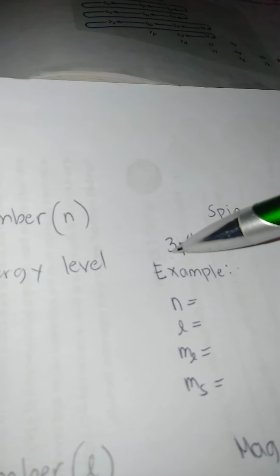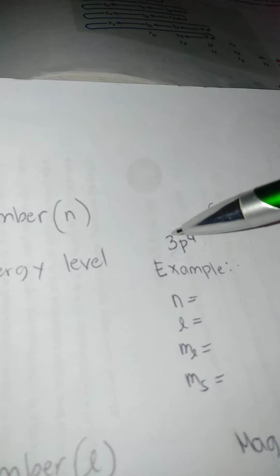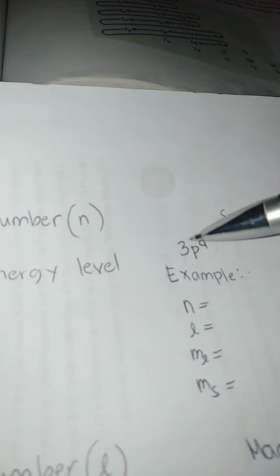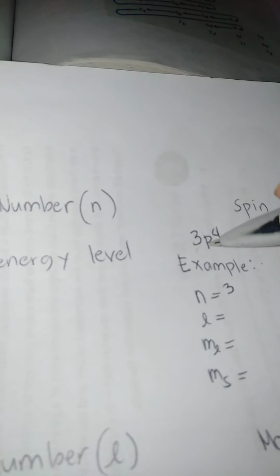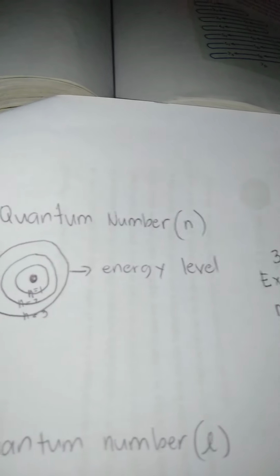This 3 is the number for the energy level, and this is the symbol for the principal quantum number. If you know this already, you just have to put the number 3. It means that this example has 3 energy levels. So we are done with the principal quantum number.